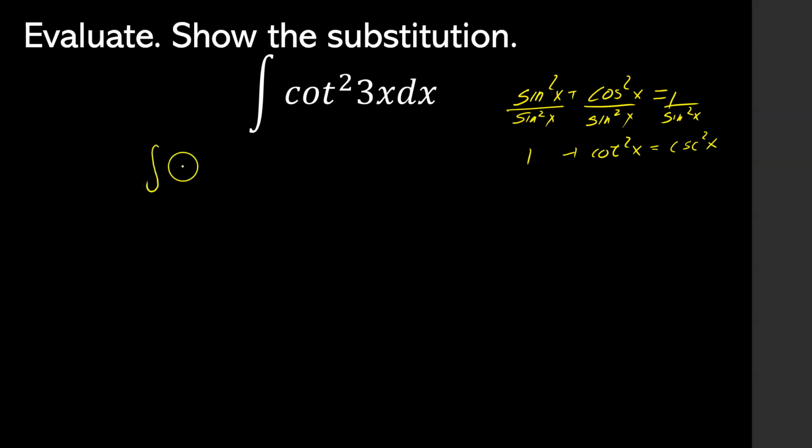So the indefinite integral of cosecant squared of 3x minus 1 dx. And now it's very obvious to me that u is just 3x. Because we know the antiderivative of 1 with respect to x is x.